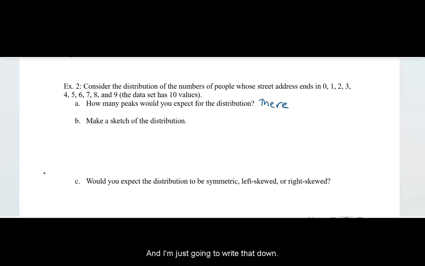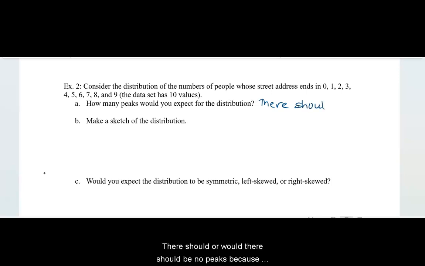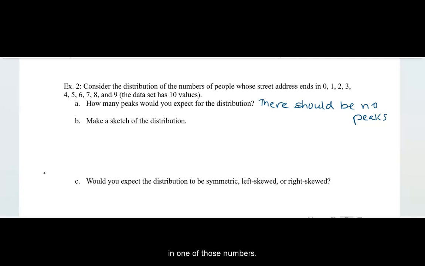And I'm just going to write that down. There should be no peaks, because we would expect everybody to have an address that ends in one of those numbers, which means if you don't have any peaks, what would that look like in my crooked graph?